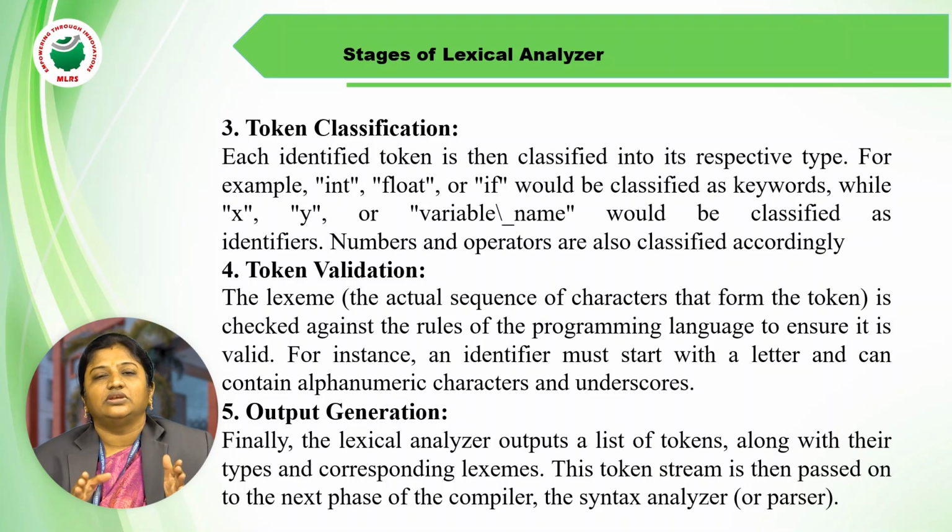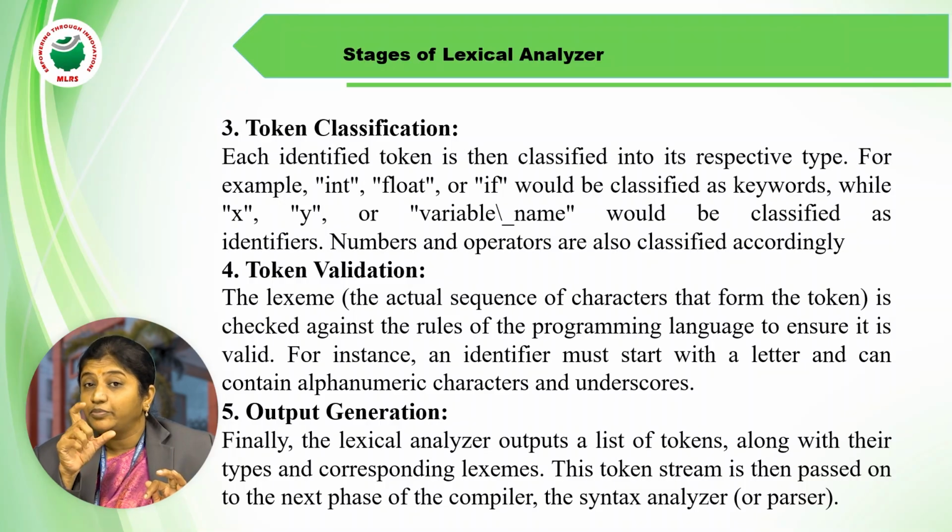See, first the lexical analyzer is there, right? The source code is given to the lexical analyzer. The lexical analyzer reads character by character and forms a token. That token is given to the parser. Again from the parser it sends back a message to send the next token.